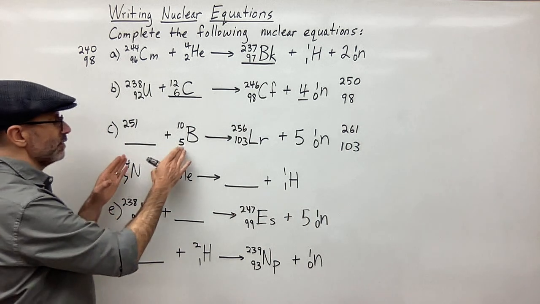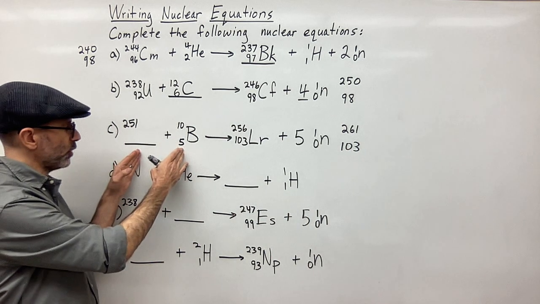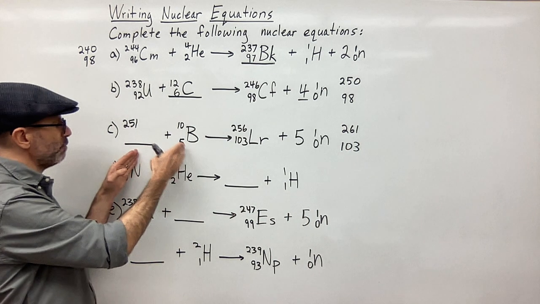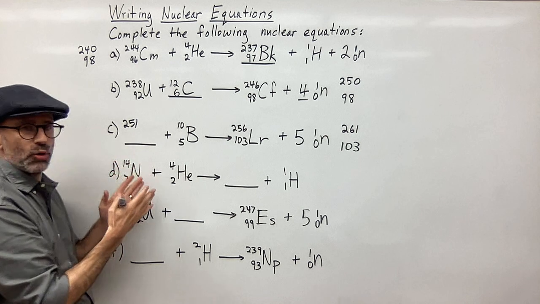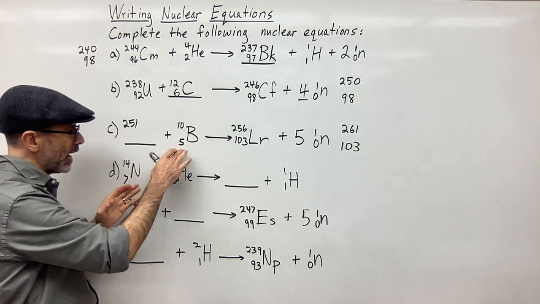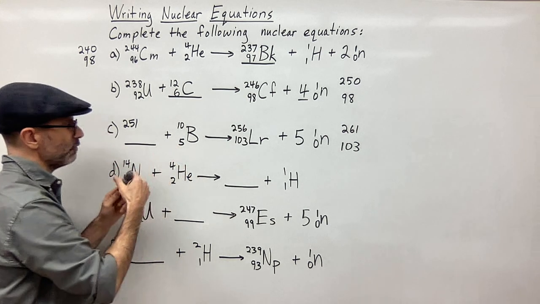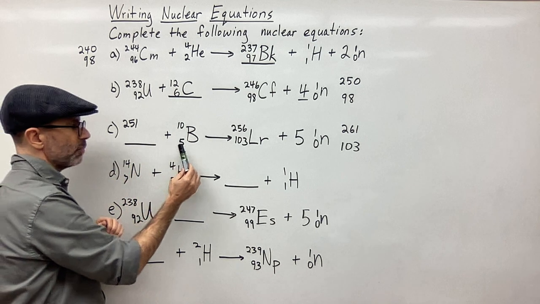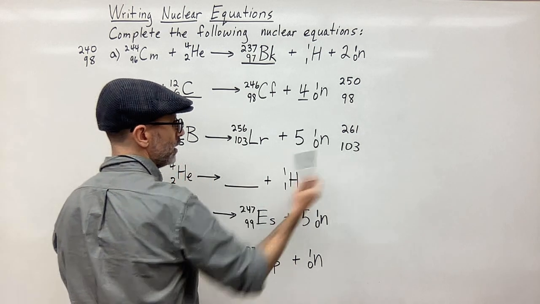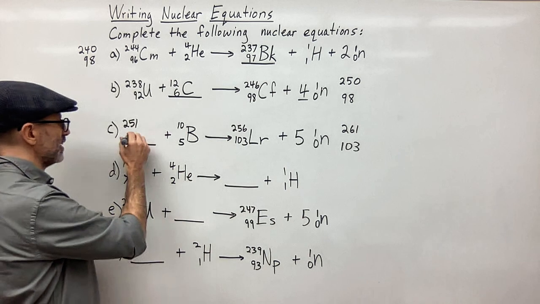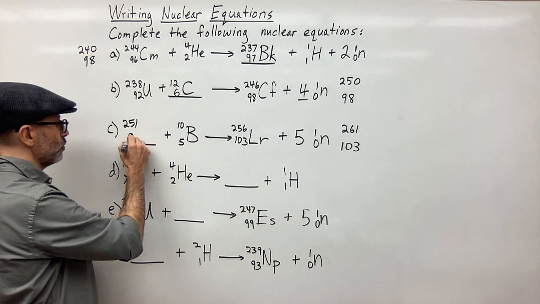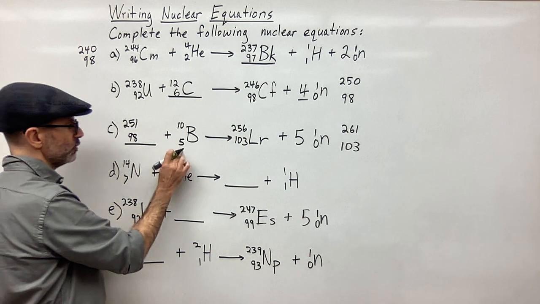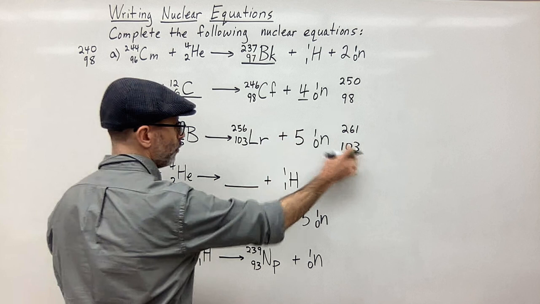So that means that this side should be a total of 103. But I have a 5. 5 plus what gives me 103? But if I subtract the number here, I can figure out what's missing here. So I'm going to subtract the 5 from 103. That gives me 98. So 98 plus 5 gives me 103.